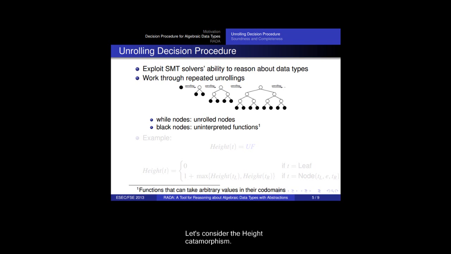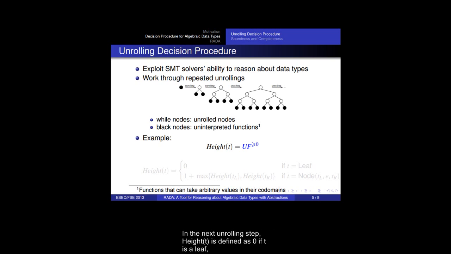Let's consider the height catamorphism. First, height of t will be treated as an uninterpreted function. However, since an uninterpreted function can return any value in its codomain, and since height of t must be non-negative, we add a non-negative constraint to the uninterpreted function.